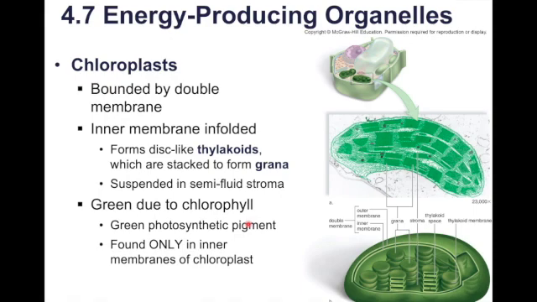So the chloroplasts, these guys have a double membrane. The inner membrane is folded a lot to form these disc-like thylakoids, which are stacked to form grana. So if we're looking at this over here, these are the grana, and the thylakoid is each individual one.